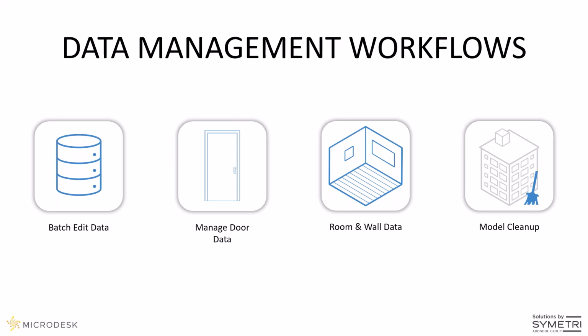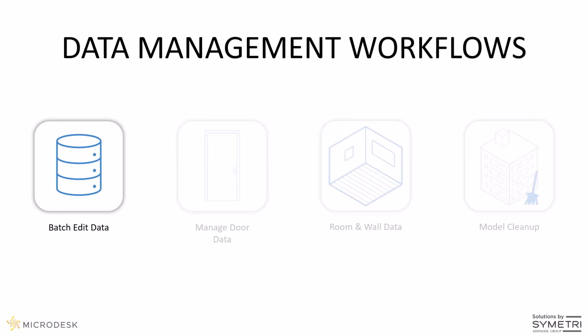And lastly, we're going to switch from data management to model management, looking at cleaning up our model and making sure that all the warnings are checked and that our CAD files are organized, our CAD links and imports. So we're going to start with batch editing data and visualizing data.